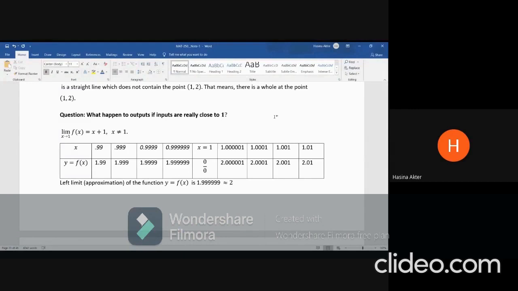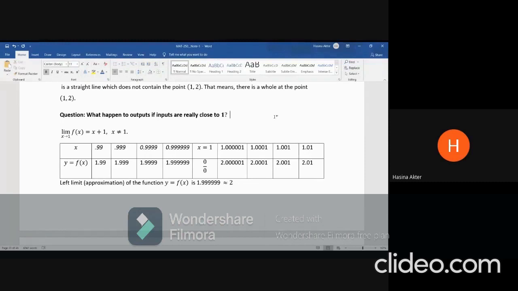So the limit concept says that if you want to say that the limit exists, then the smaller approximation is called the left limit. The larger approximation is called the right limit. I'm talking about the values of x, the values of input. I'm not talking about the values of output.